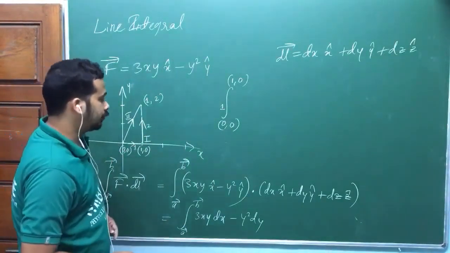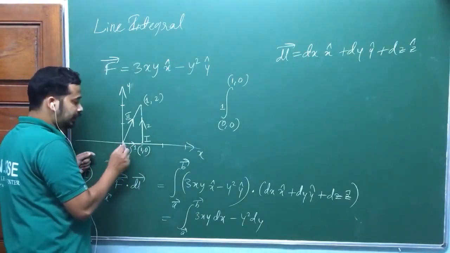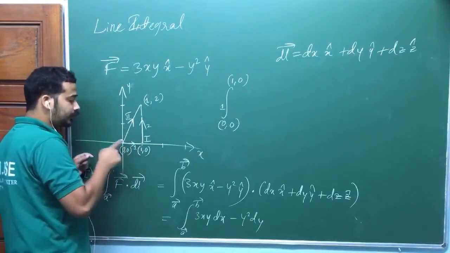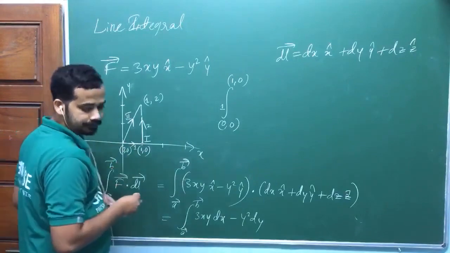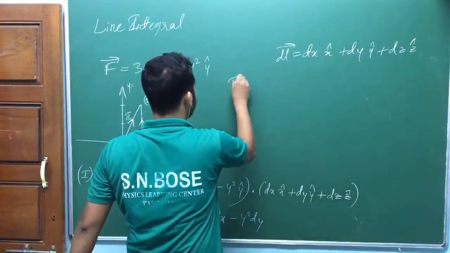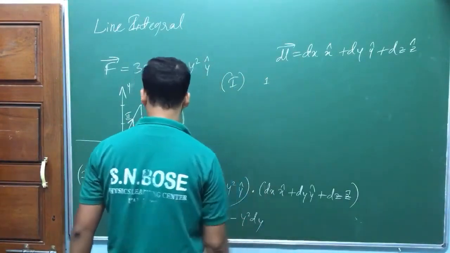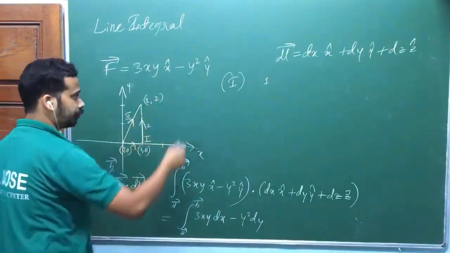So in that one, x is changing, dx exists, but y is not changing. y is constant. What is the value of y here?